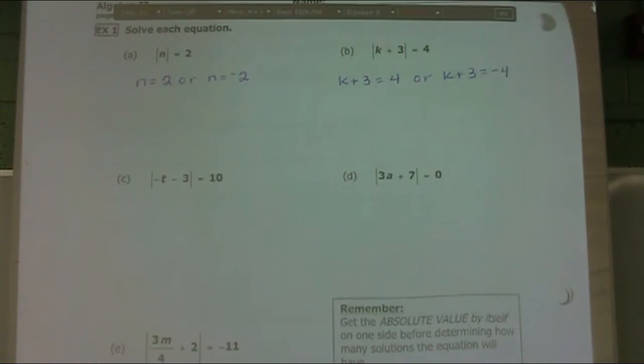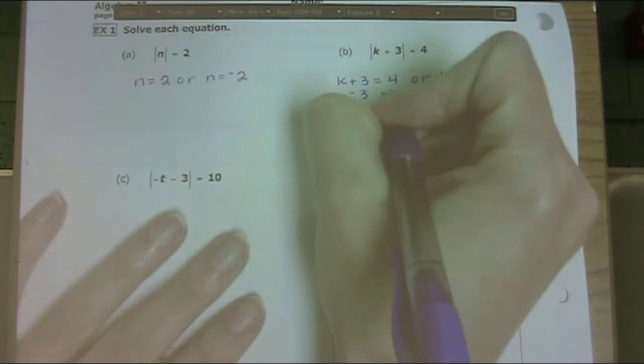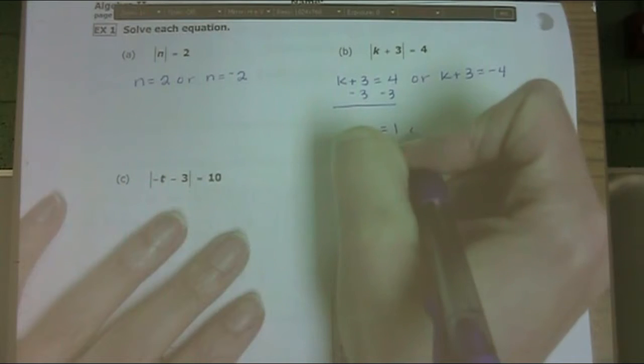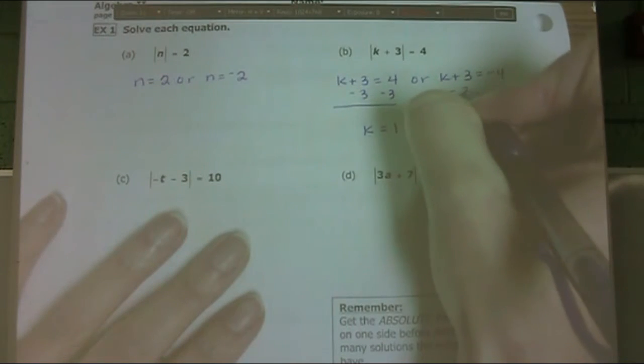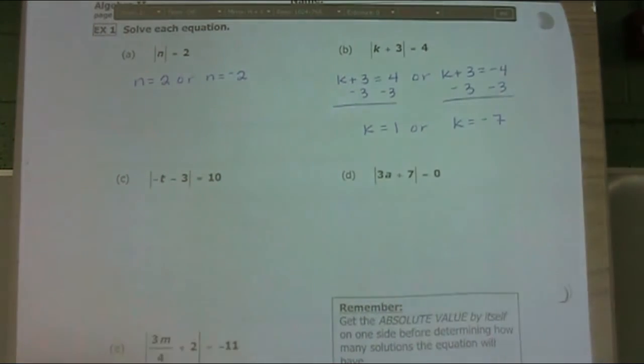That what's inside there either has to equal positive 4 or negative 4. And when we take the absolute value of it, it comes out to be positive 4. So now we're going to solve both of these equations. So subtract 3 from both sides, and we get k equals 1, or subtract 3 from both sides here, we get k equals negative 7.